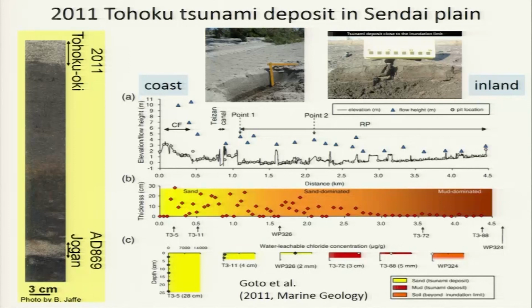This is the sequence which they found, and the earthquake of Jogan 869 was the predecessor of the 2011 Tohoku earthquake. So they knew that this event was devastating, and a similar devastating event can occur any time.